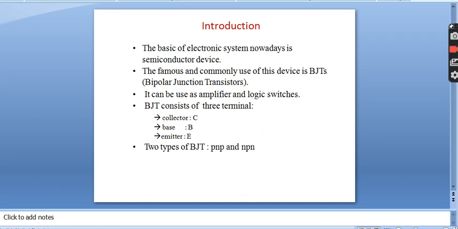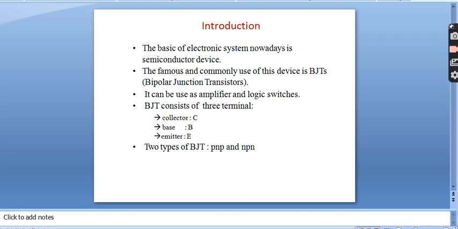In our daily life, most electronic systems use semiconductor devices. An example of these semiconductor devices, in our chapter, is the BJT. BJT means bipolar junction transistor.